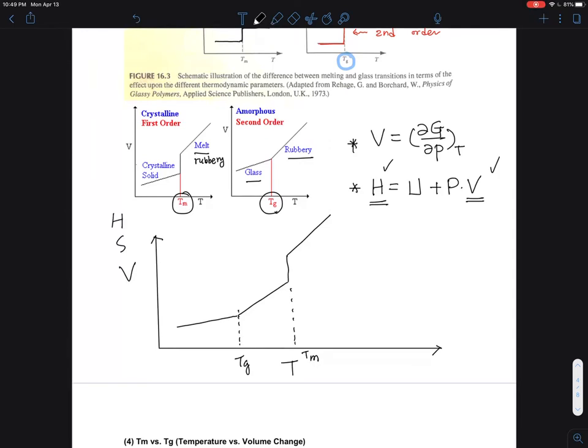Okay, so now all of a sudden I can change the volume term into something related to the enthalpy, and this enthalpy is easier to measure in an instrument measuring the heat transaction. And I'm going to talk to you about that in the next section.